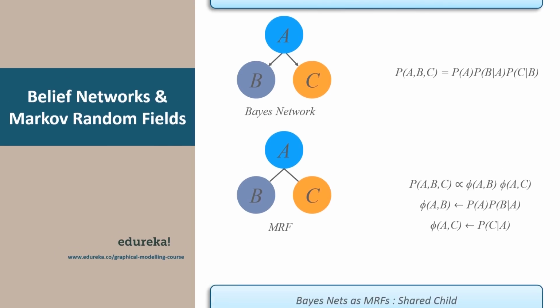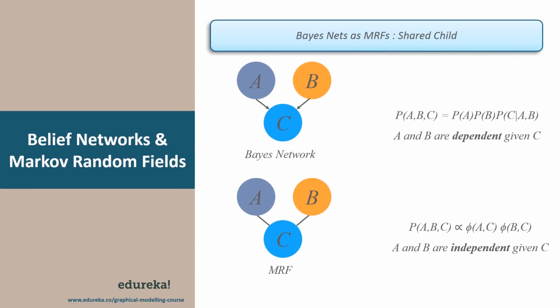This is where there are two parents and they share a child. The Bayes network here is pretty simple, where A and B are dependent given C. And the Markov factorization also looks very similar to what we had obtained before: a potential function between A and C and a potential function between B and C. But can we write down some functions in the Markov random field that would mimic the Bayes network?